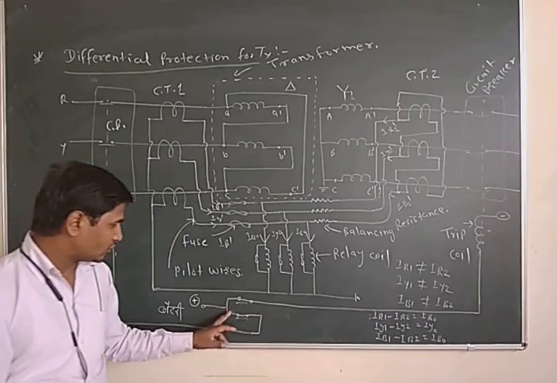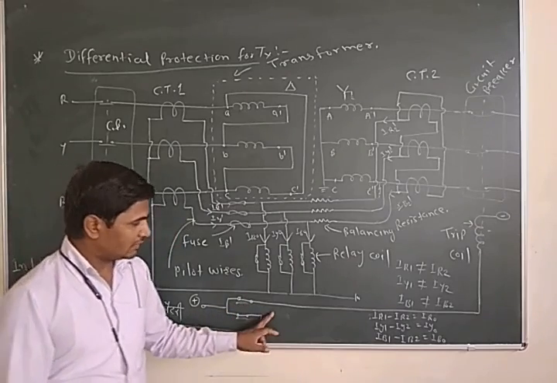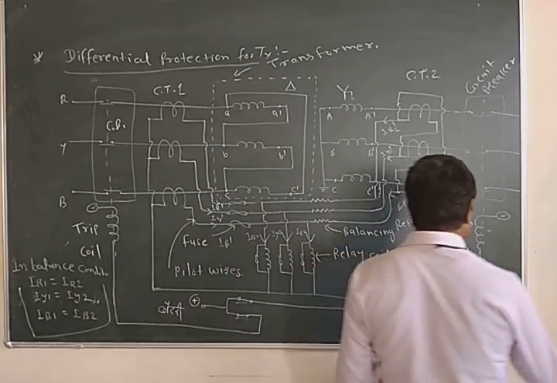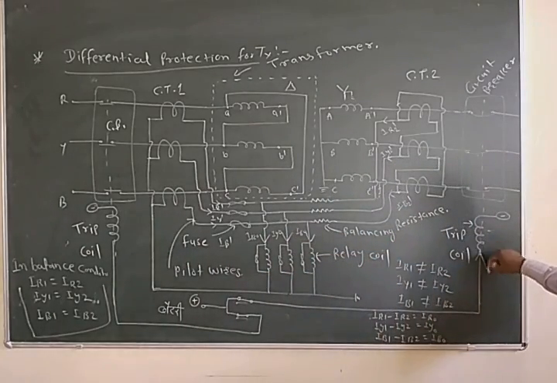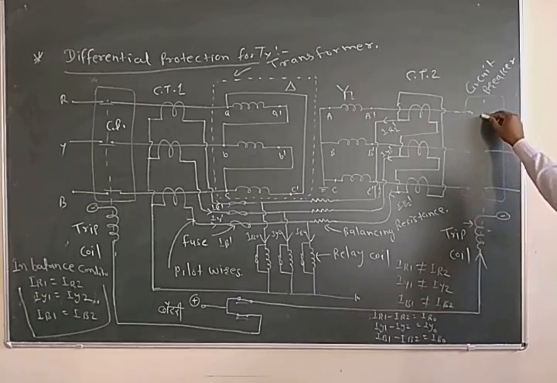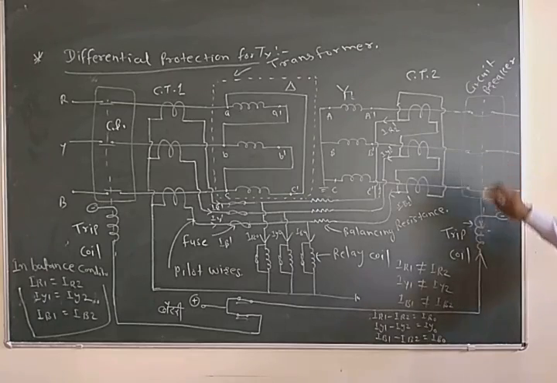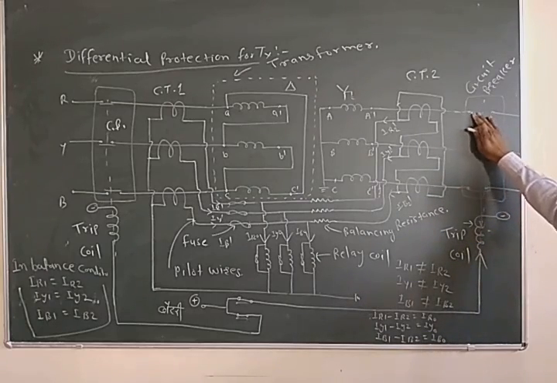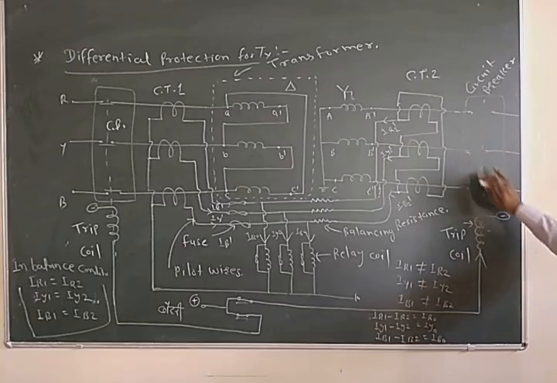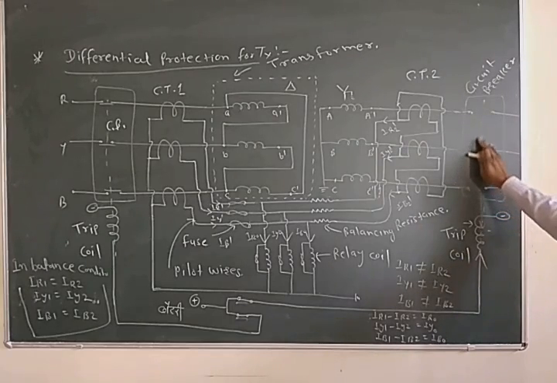When the contacts of the trip circuit are closed, a current will flow in the trip coil of the circuit breaker. So the trip coil gets energized and pulls the plunger. When this coil pulls the plunger, the contacts of the circuit breaker open. In this way, our transformer is protected from the system.